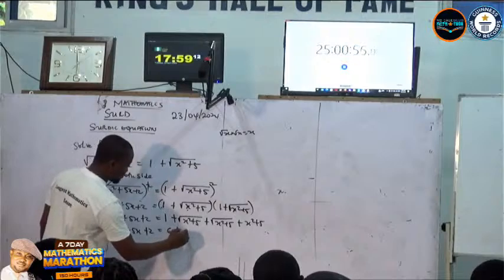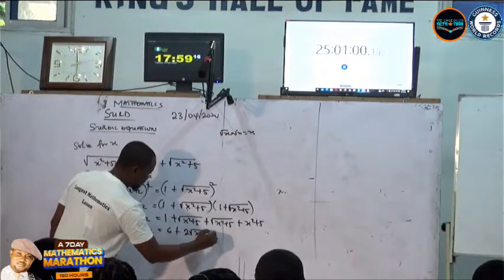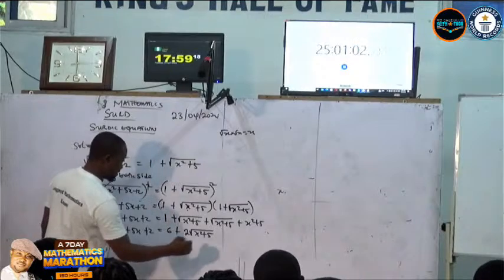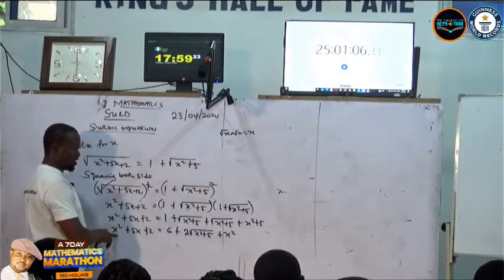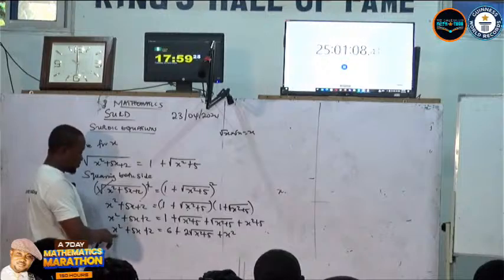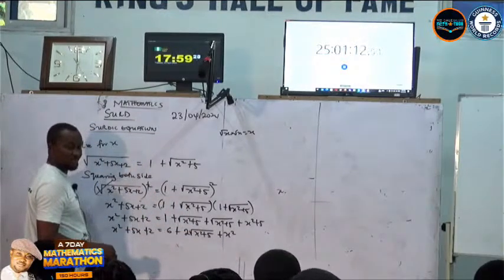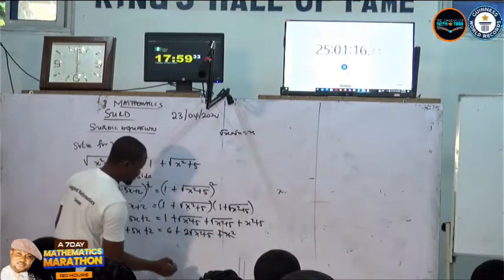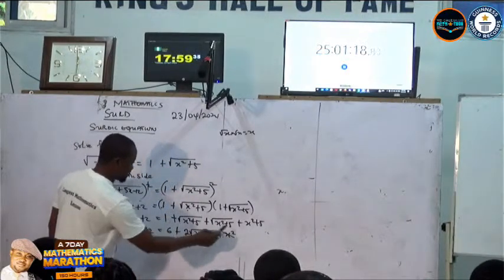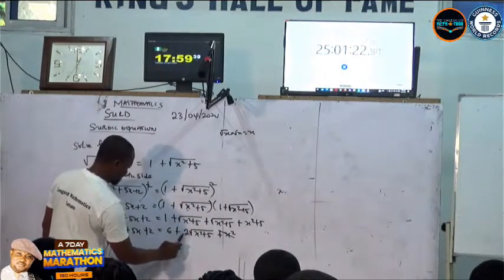If I add them, I'm going to have 2 of that, 2 of the root of x squared plus 5. Then I have plus x squared. The x squared in the left hand side will cancel the x squared in the right hand side. So this will cancel out this, and I've been able to add up this with this to get this.